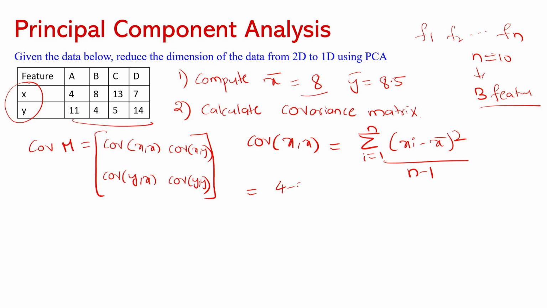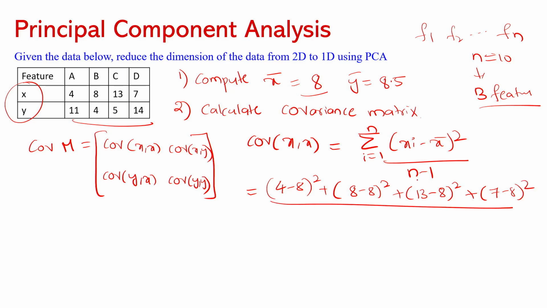So it is 4 minus 8 whole square plus 8 minus 8 whole square plus 13 minus 8 whole square plus 7 minus 8 whole square, divided by n minus 1. We have 4 data points, so it becomes 3. If you solve this, you get the value 14. So covariance of XX is 14.